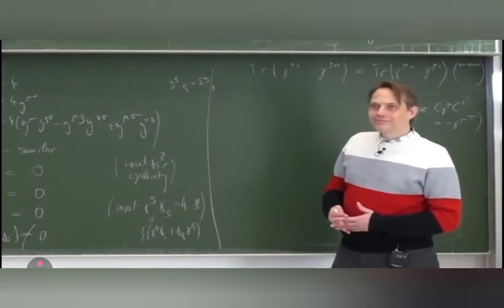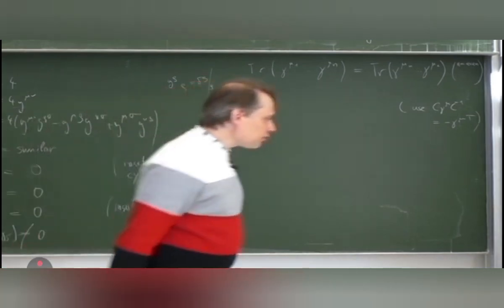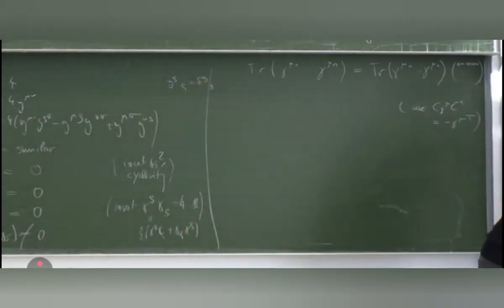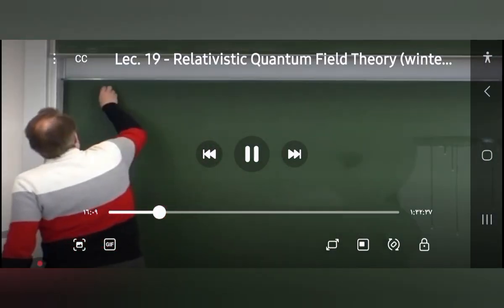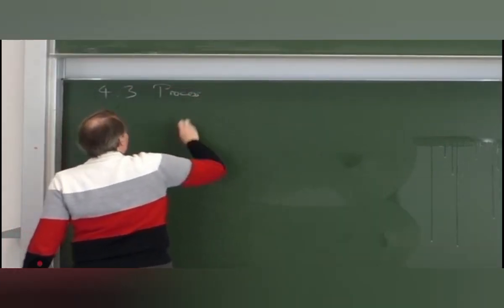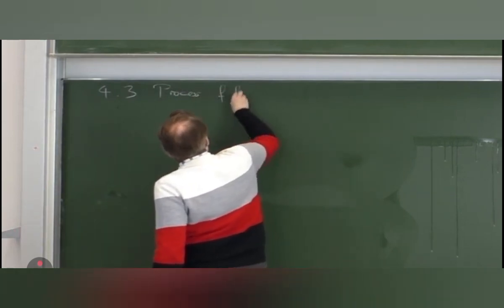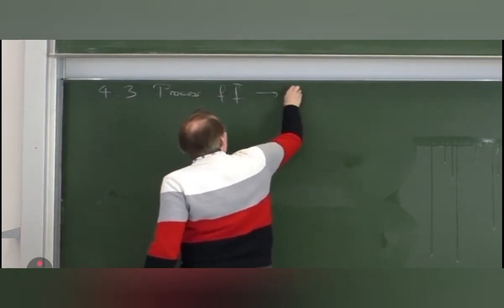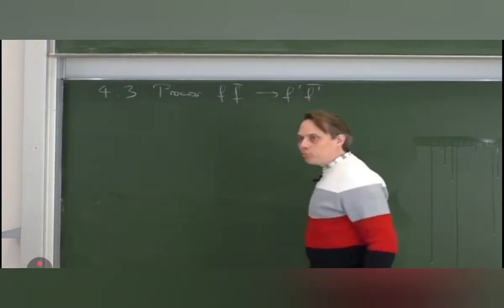Okay, good. Then let us now come to physics. Let us discuss a first process in QED in some detail. We are looking at the same process that we are looking at on the exercise sheet at the moment, where we have a fermion and anti-fermion going into a different fermion and anti-fermion pair.